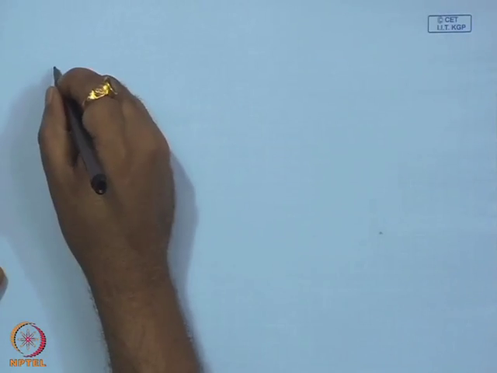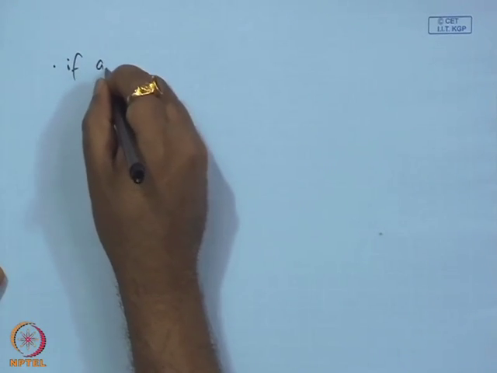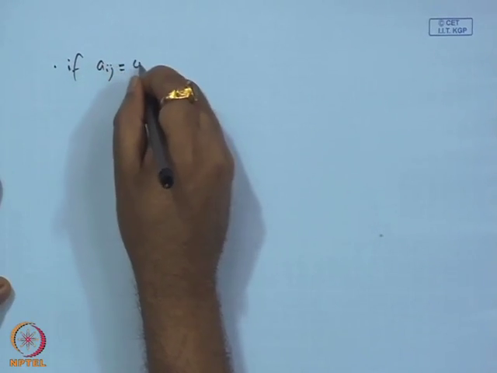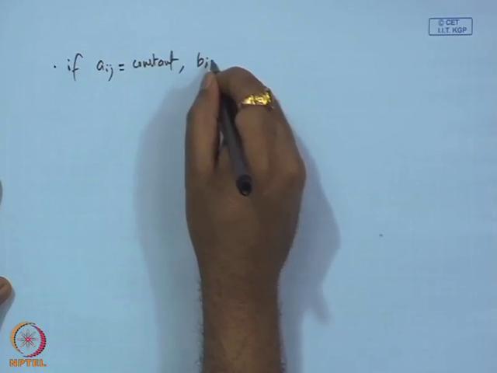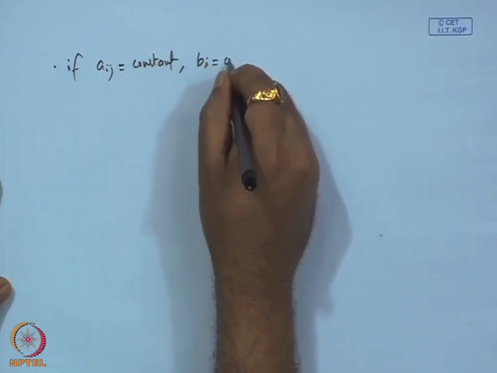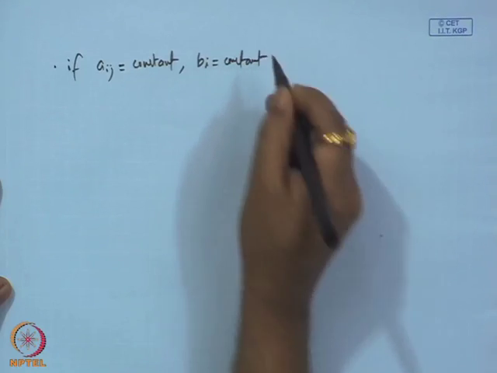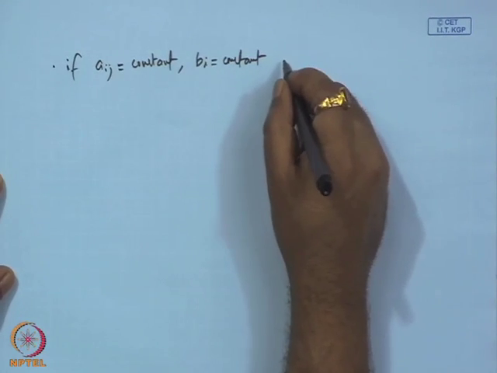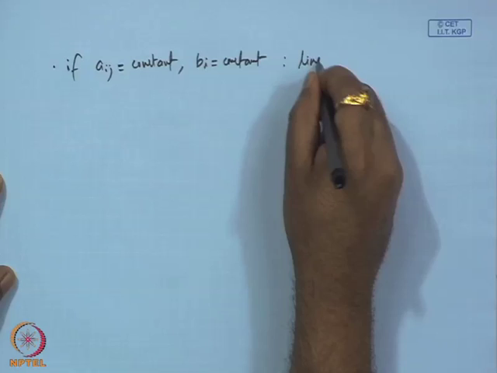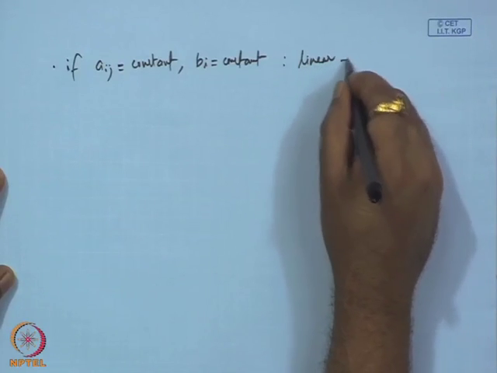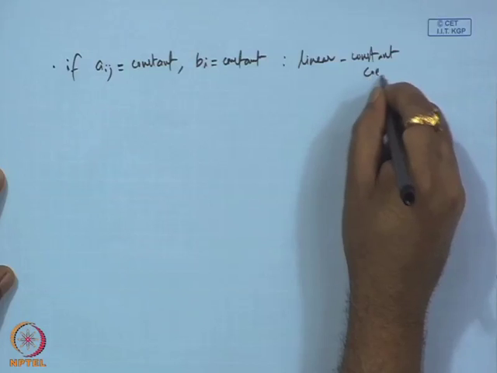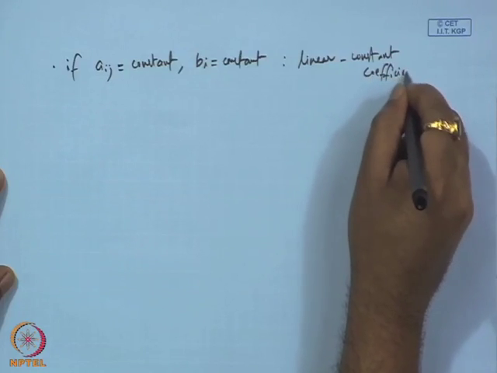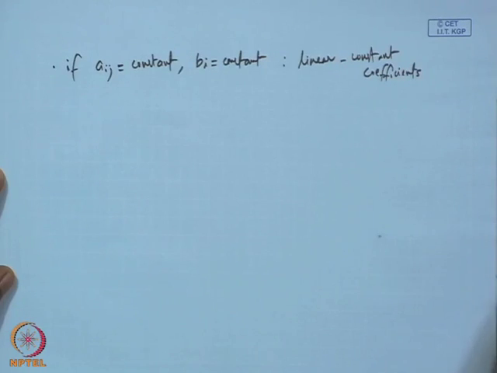So, now in this, if A i j is constant, then B i is constant, then the equation is linear with constant coefficients.